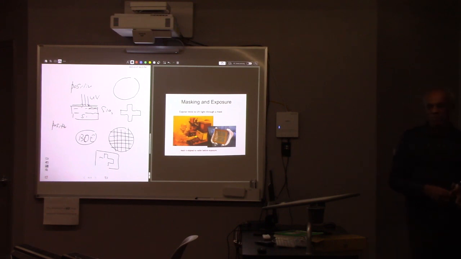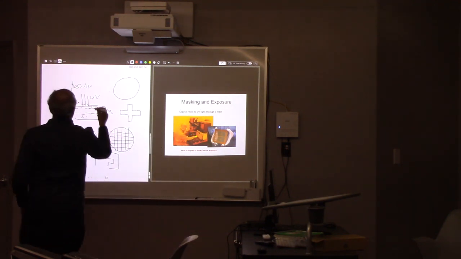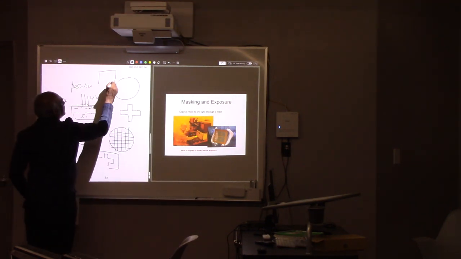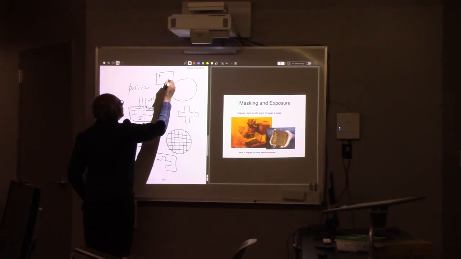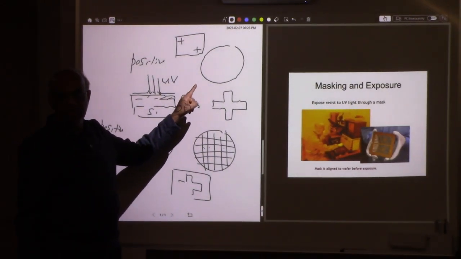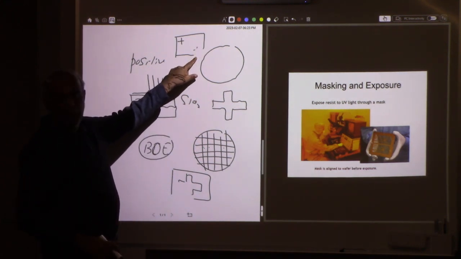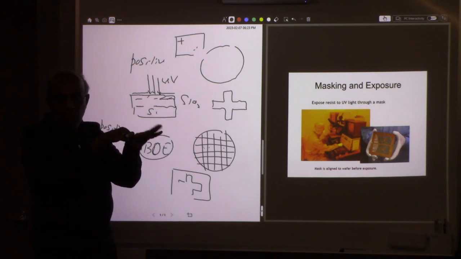That's why before you do anything on your substrate, you have to make something called a fiducial mark. That's the reference, so you always try to align the mask with it. That way we know it is always aligned.